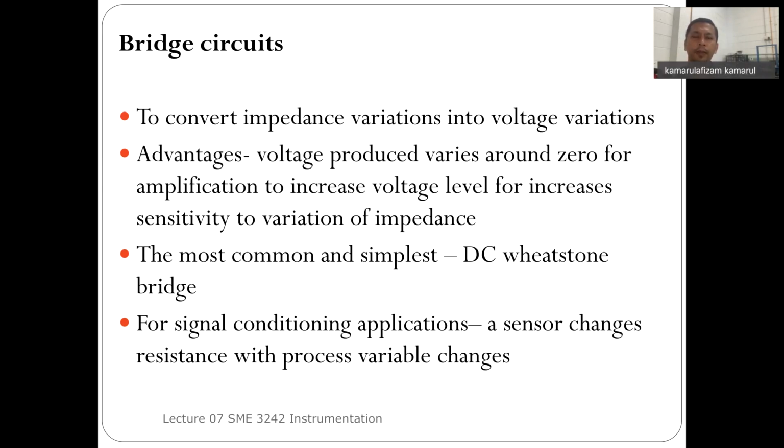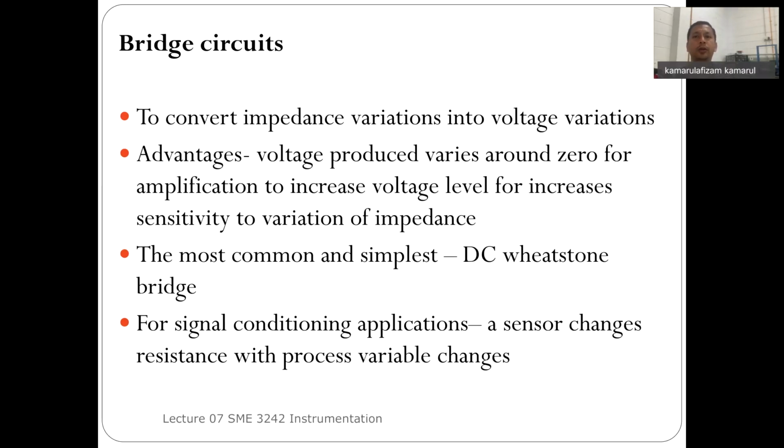So they have the advantages here. Voltage produced varies around 0. Basically, this kind of circuit is very sensitive to any input signal and can produce a wide range of output signal.